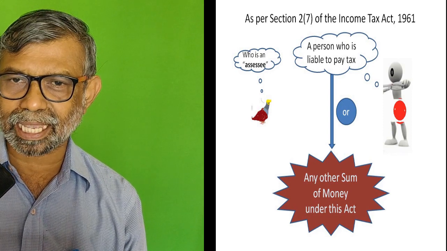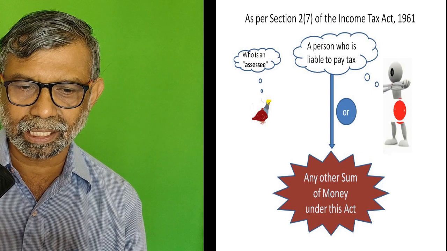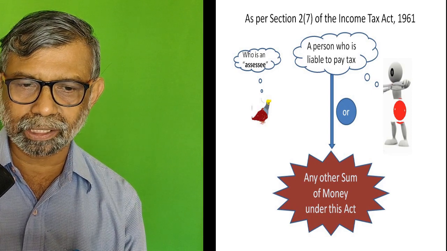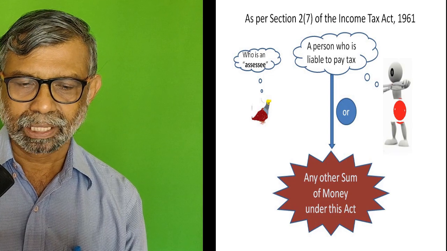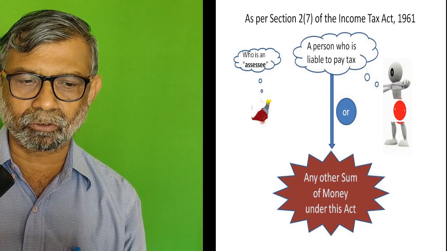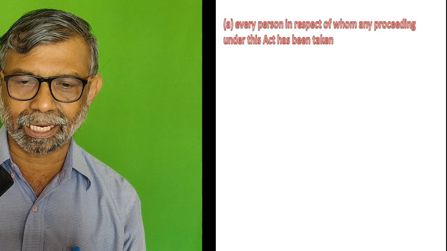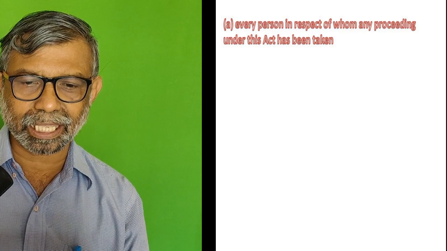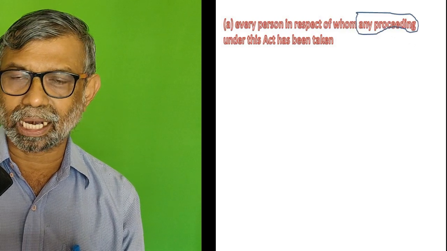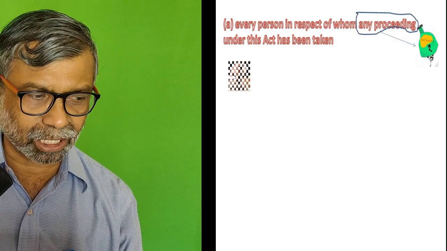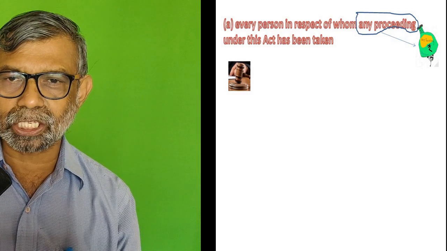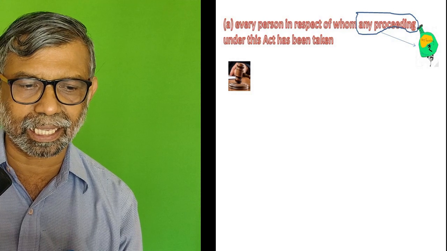Okay. And this section 2(7) also says, assessee includes, number 1, every person in respect of whom any proceedings under this act has been taken. If any proceedings are taken against any person under the Income Tax Act 1961, then that person is also called an assessee.